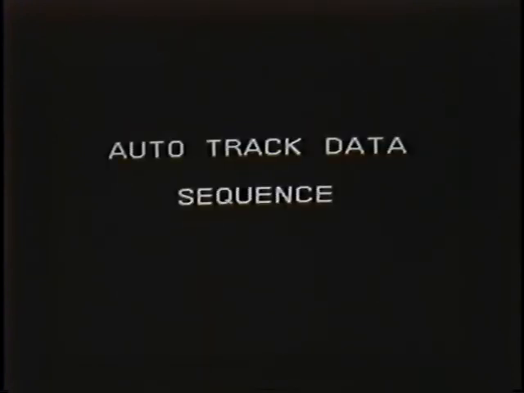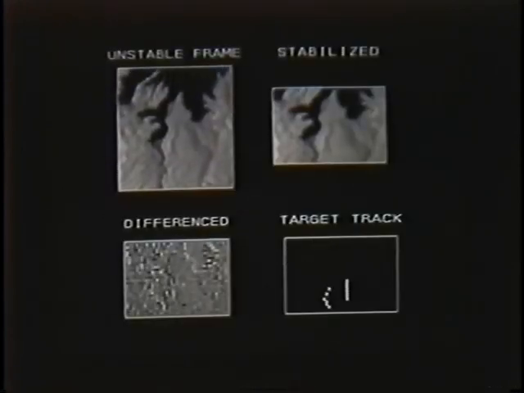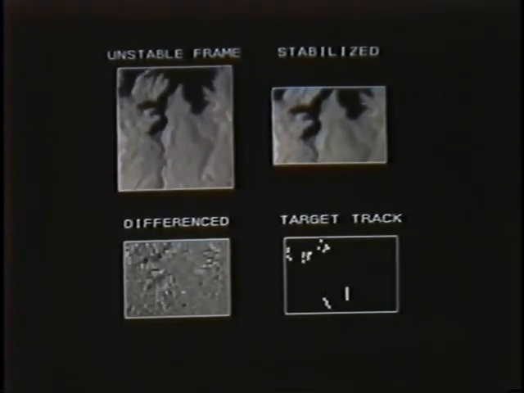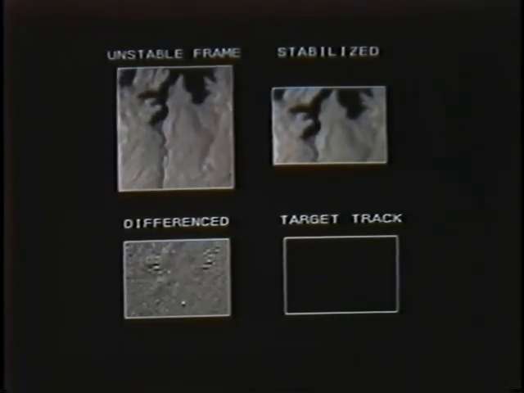This last sequence is a special case known as auto-track. Normally, it is of only experimental value because we already know where the target is. Auto-track data is similar to the big drift in-track sequences, except that the sensor is locked onto the target.